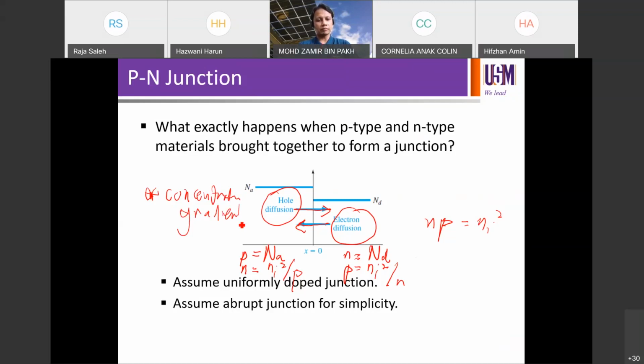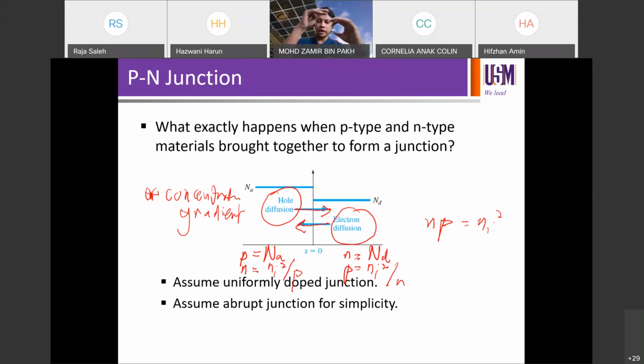Pardon my writing. So you need to have, due to the concentration gradient, when we pair the p-type and n-type material, holes in the p-type see that there are no holes or so few holes on the other side of the junction, and electrons in the n-type see there are so few electrons on the other side of the junction. So holes see a concentration gradient while looking into the other side, and electrons see a concentration gradient as well.